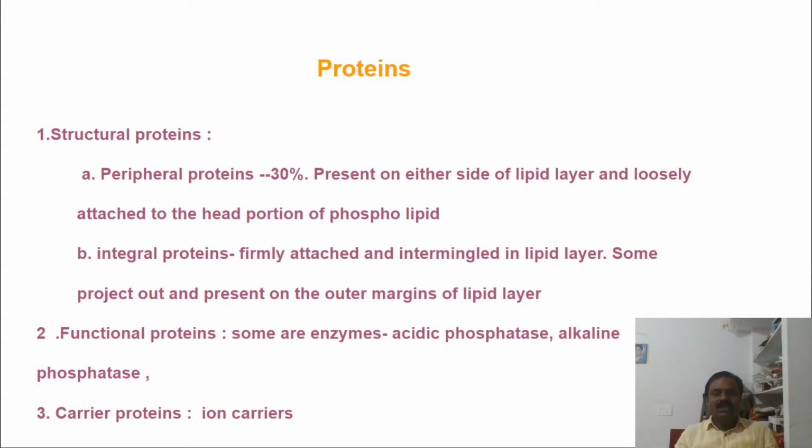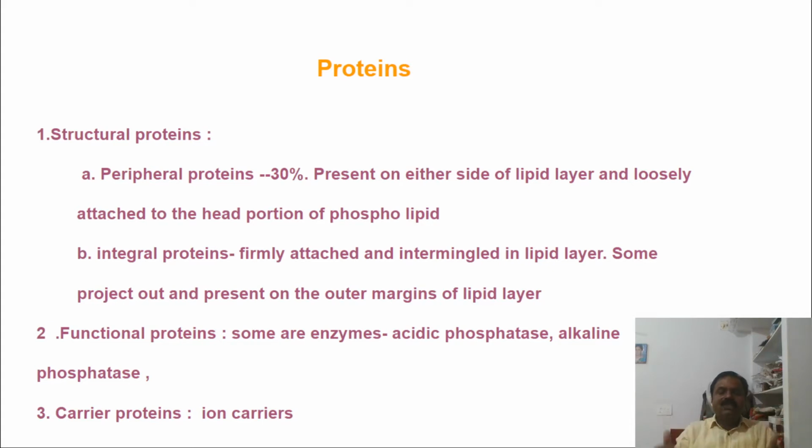And the next one is carrier proteins. The name itself denotes that it carries the ions. Plants absorb the materials, minerals, in the form of ions.